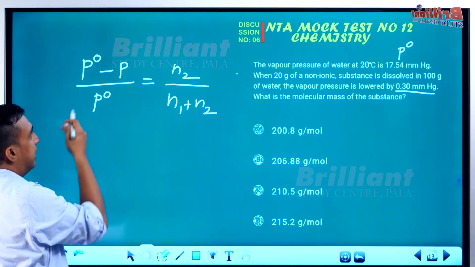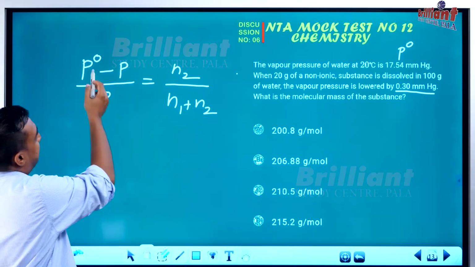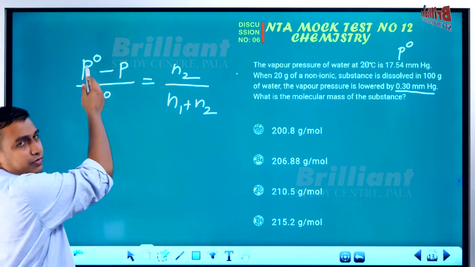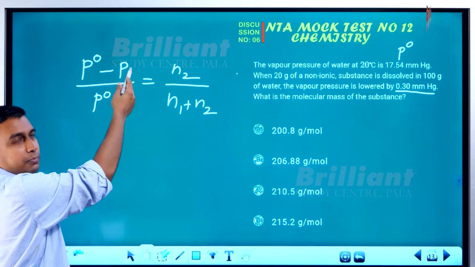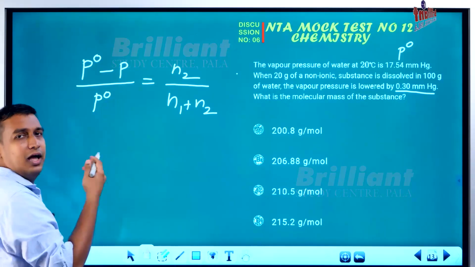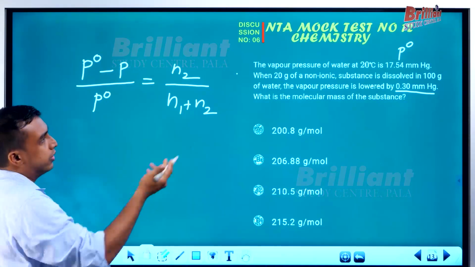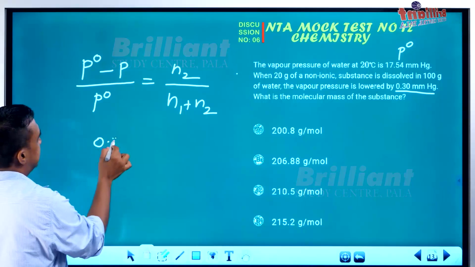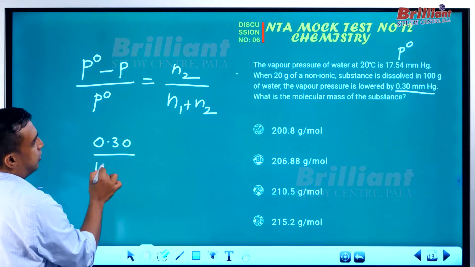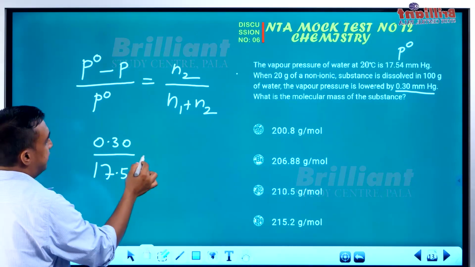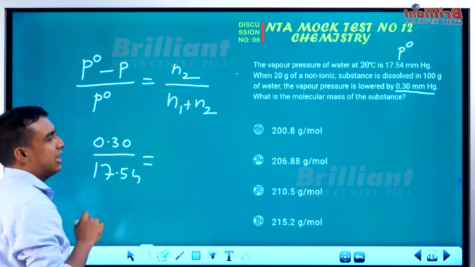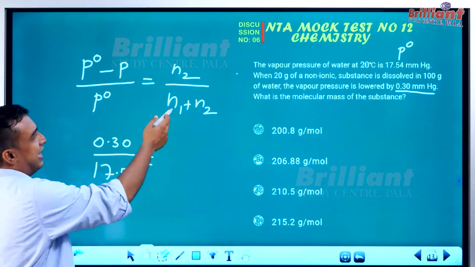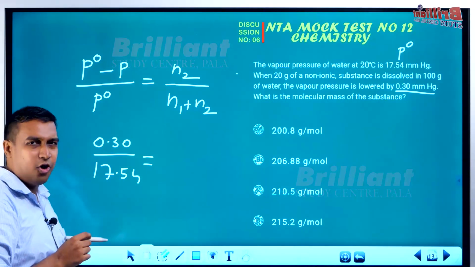Now P0 is the solvent pressure, P is the solution pressure. So P0 minus P gives how much the vapor pressure has lowered. They have told us it is 0.30. So I can substitute 0.30 divided by 17.54 is equal to N2 by N1 plus N2. N2 is the number of moles of solute, and N1 is the number of moles of solvent.